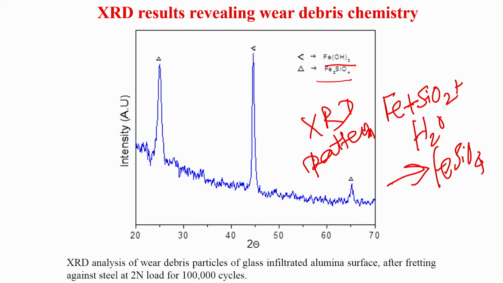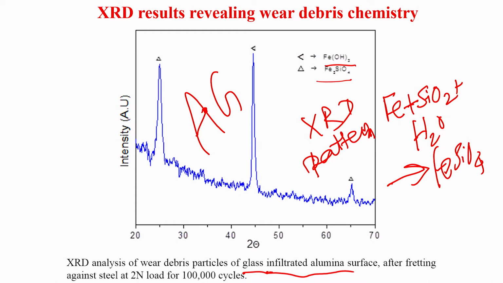So, now these are the kind of potential reactions that can take place, and hydroxide of iron can also be formed, because these materials are fretted against the steel counter body. This is the case for the Ag, not As, where it is a glass infiltrated alumina.